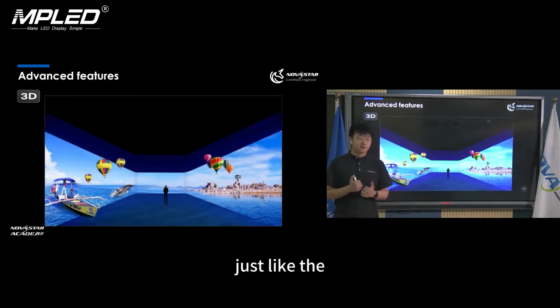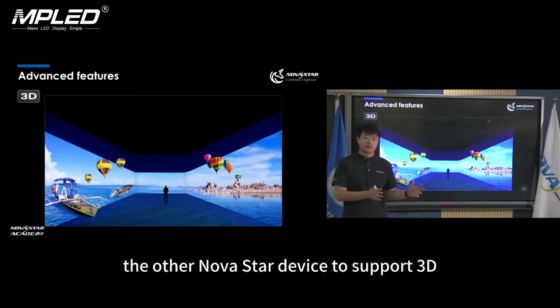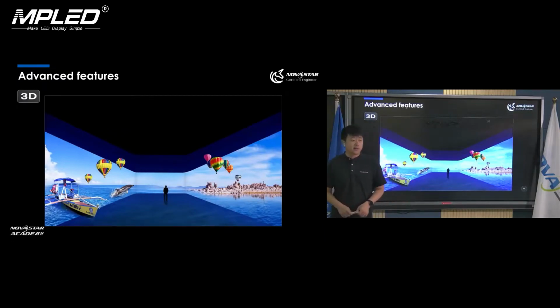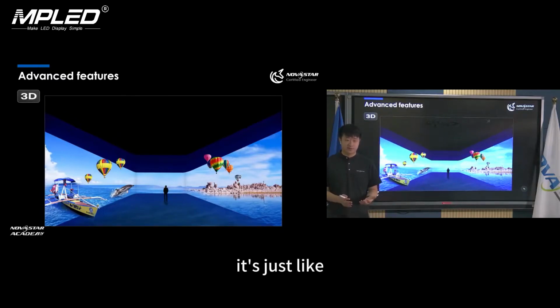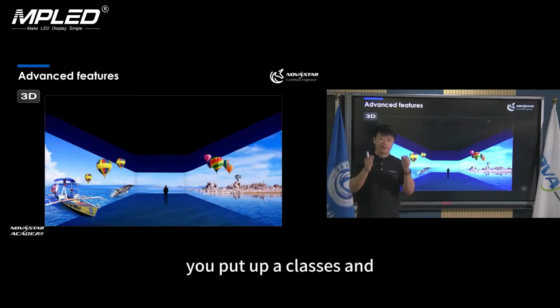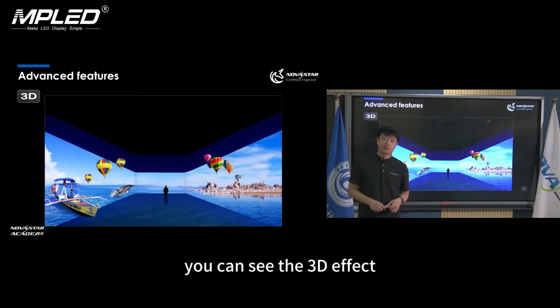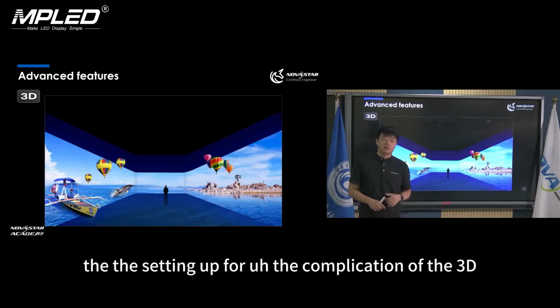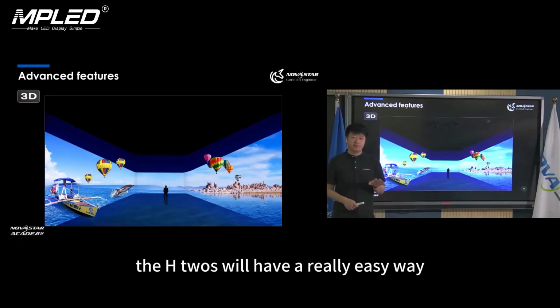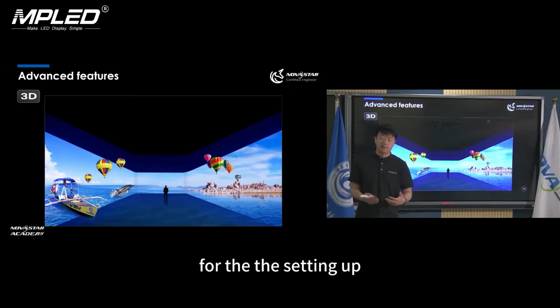Just like other Novastar devices, it supports 3D, and we don't have too much to talk about regarding the 3D features. It's just like you put on glasses and you can see the 3D effect. But what I wanted to talk about is the setting up or configuration of the 3D. The H series has a really easy way of setting up.